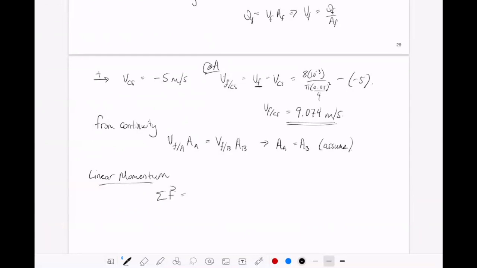Sum of the forces. Since it's steady, I'm just not going to write that first term. Just know it's 0 plus the integral of the control surface of V rho.